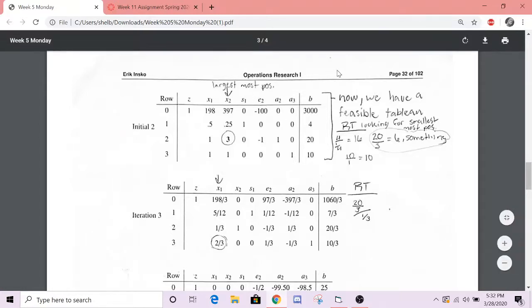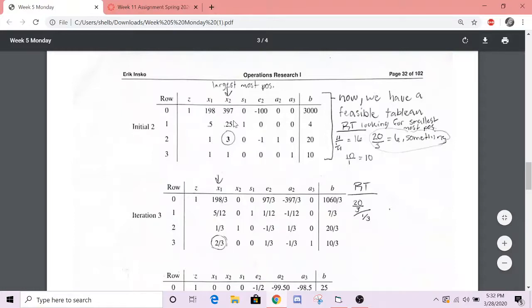We want to go through our simplex algorithm like normal. Since we're doing a minimization problem, we want to look for the largest most positive in row 0, which is 397, and then do the ratio test for the right-hand side. So we take whatever is in B and divide it by whatever is in our largest most positive column.